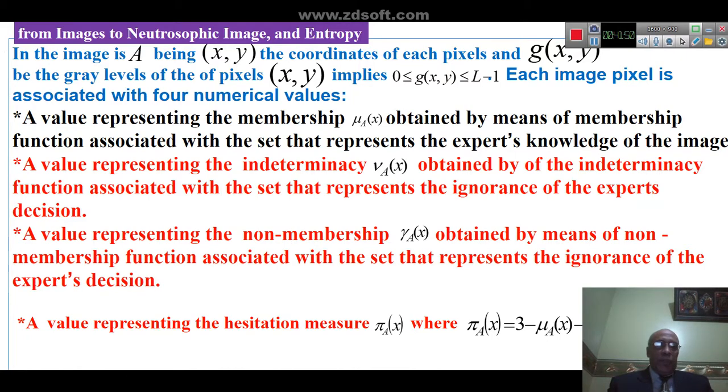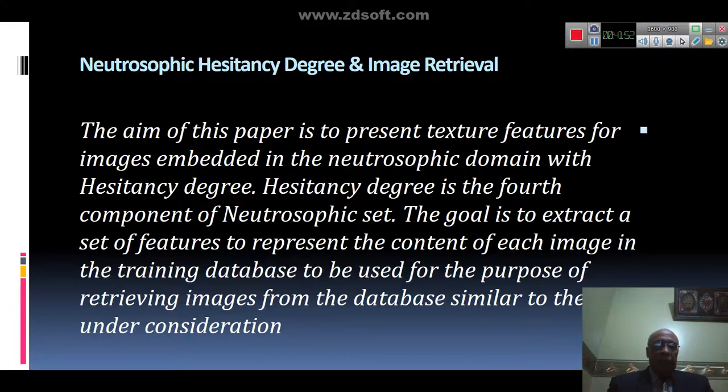From image to neutrosophic image and grayscale. Neutrosophic has Hesitancy degree and image retrieval.